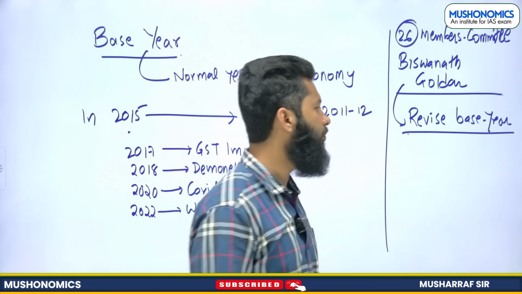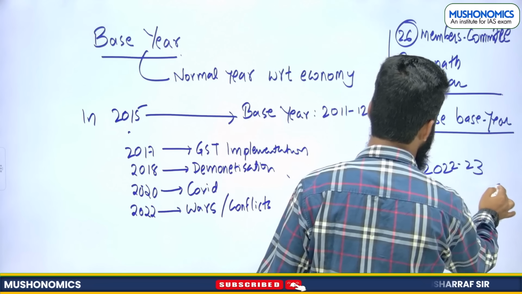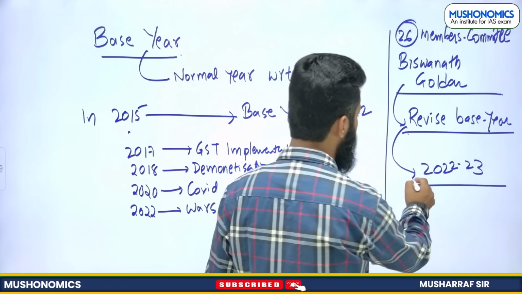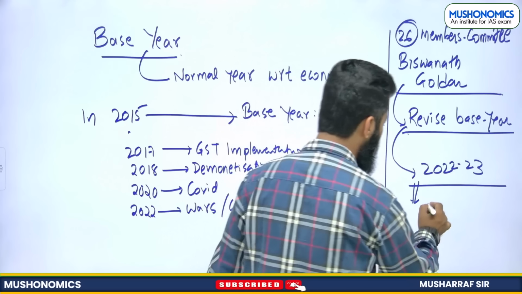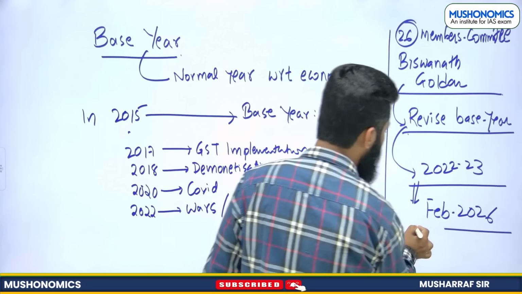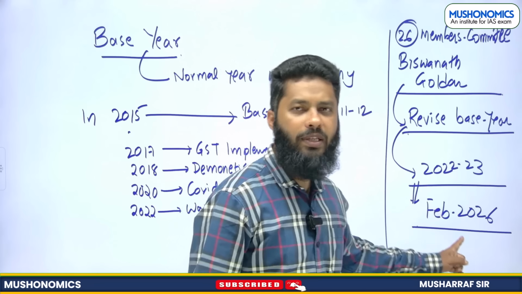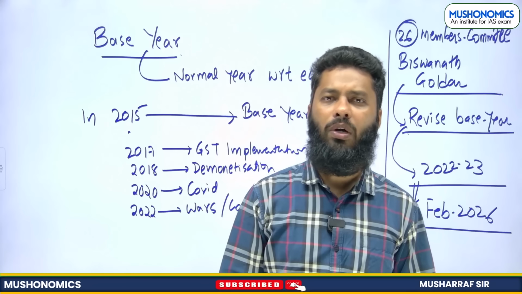Now they have proposed 22-23 as the base year. This 22-23 will be implemented from February 2026 onwards, so the calculation will be done according to the base year of 22-23, right?